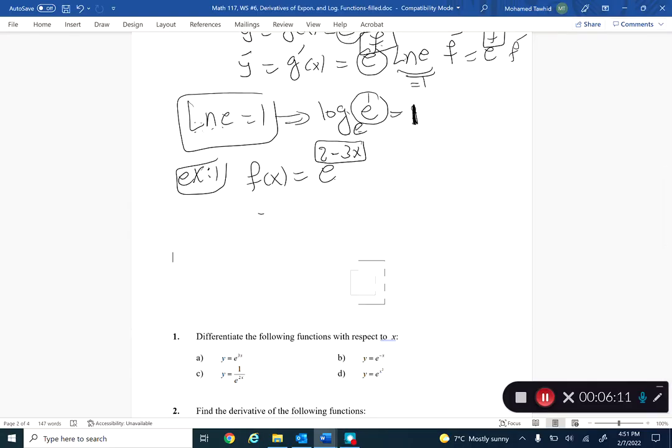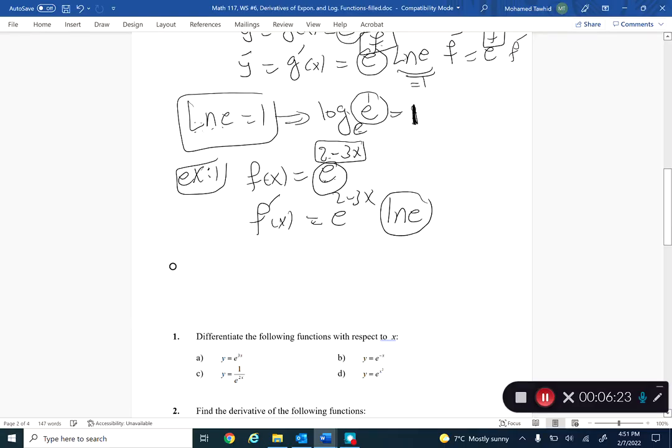The derivative of an exponential should be exactly the same, times ln of b. What is my b? My base here is e. So ln of the base, multiplied by the derivative of the exponent, which is 2 minus 3x.